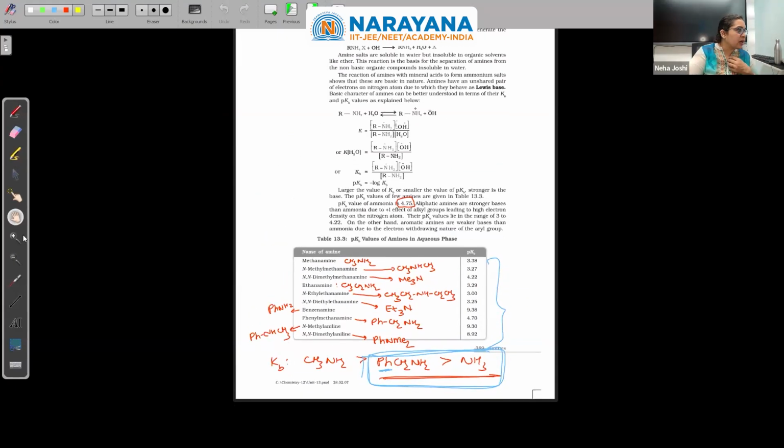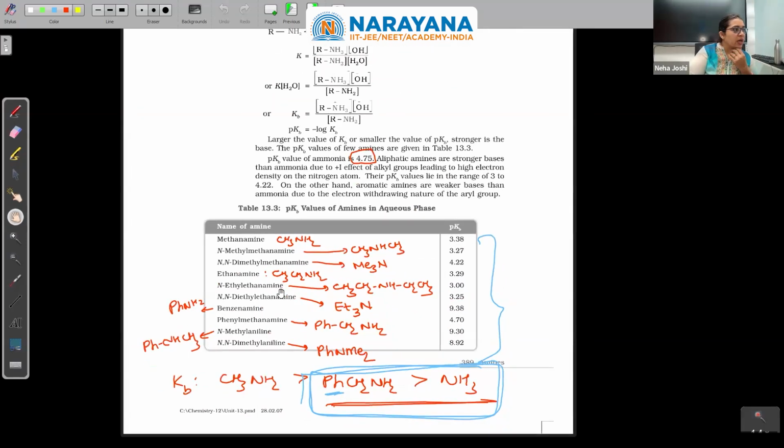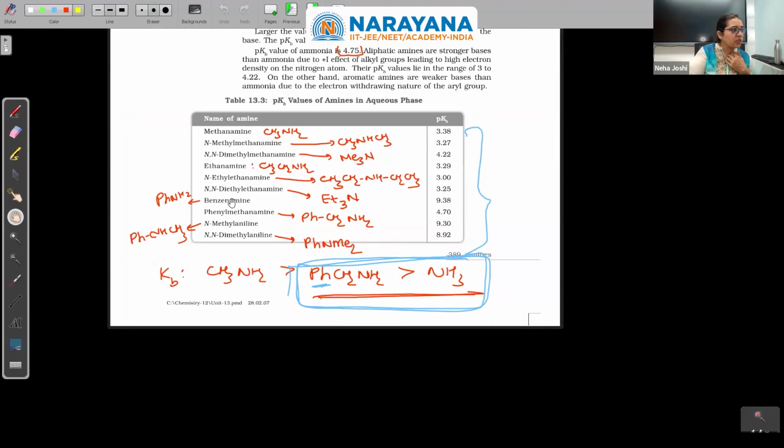Going further, I was talking about amines. Seeing these data, there is a very important conclusion that you have to see. We have compared 1 degree, 2 degree, 3 degree amines, that is done. If you see, benzenamine is nothing but aniline. Aniline value is 9.38. When one CH2 is added in between, then it is 4.7. The values given here are pKb values.